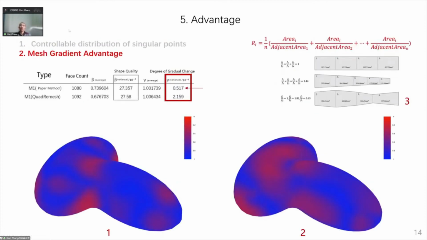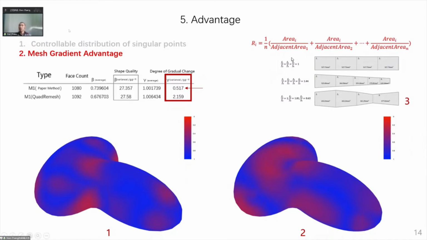And the second one is the mesh gradient advantage. Let's see Figure 3 on the right top corner. It is a parameter which can test whether every face and its adjacent faces have an almost similar area.